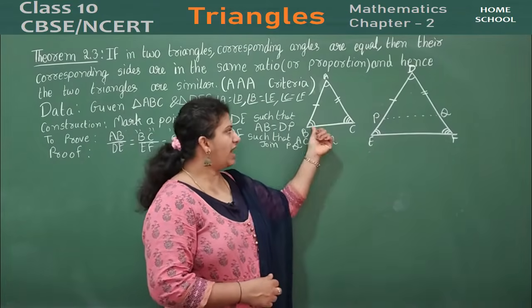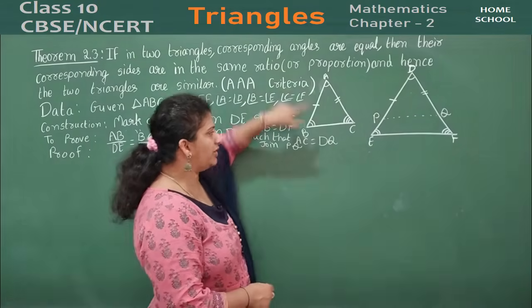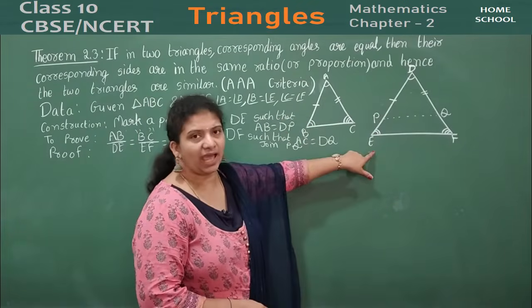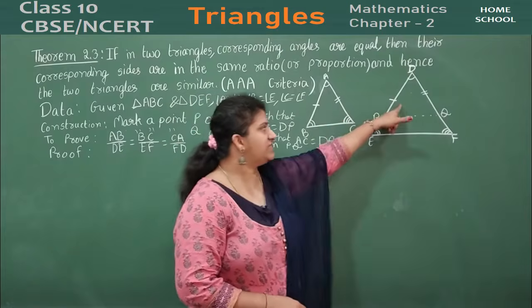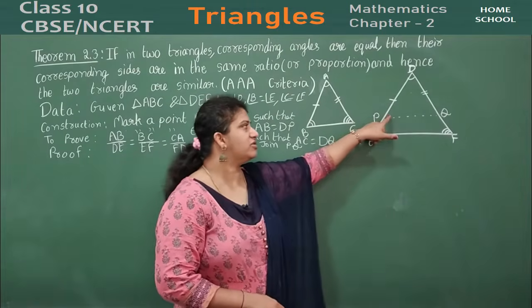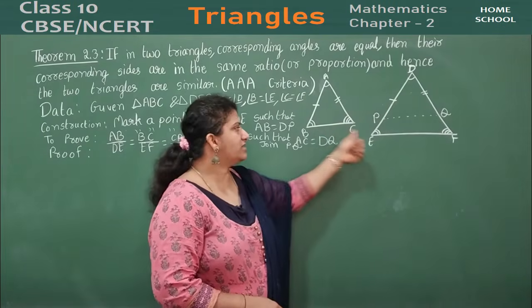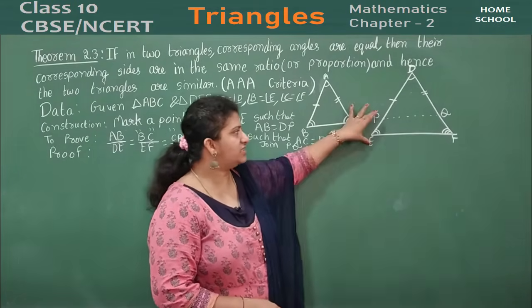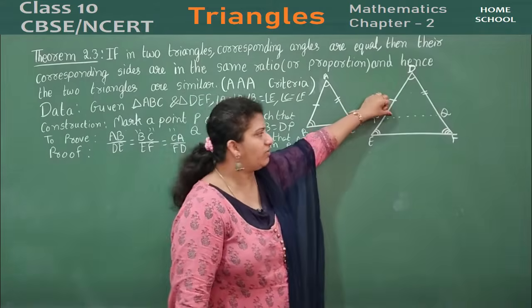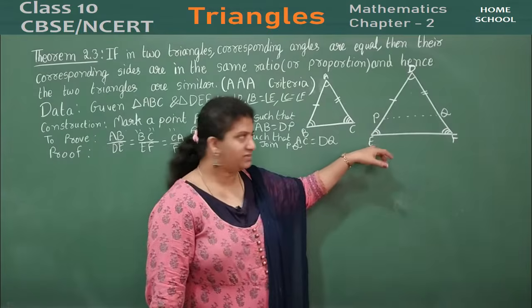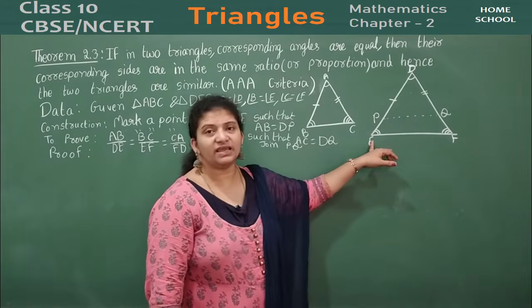Okay, so if they are equal, what can I say? Observe the point here carefully. First, given data, angle B equal to angle E. Now by CPCT, what can I say? Angle B is also equal to angle P. Then look here, angle B is common for these two equations. So directly you can equate angle P is equal to angle E. That means corresponding angles are equal.